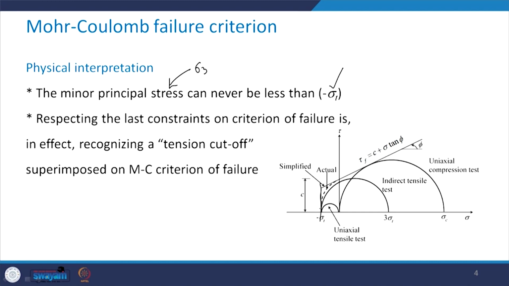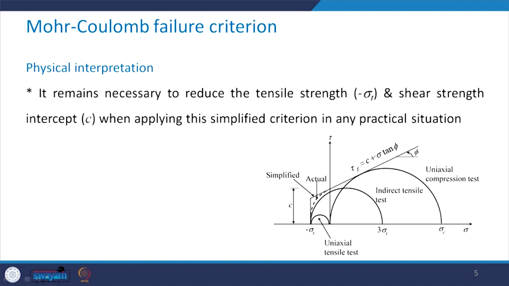What you get is this vertical line and then this failure envelope. Now, it remains necessary to reduce the tensile strength and the shear strength intercept when we apply this simplified criterion in any practical situation.